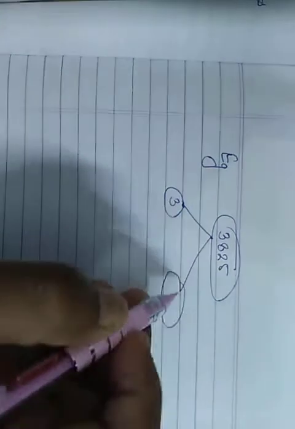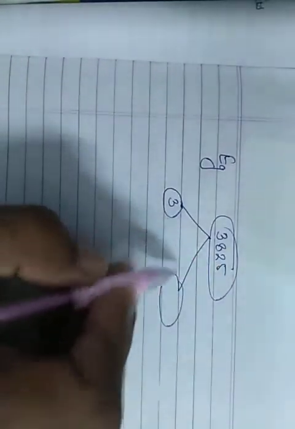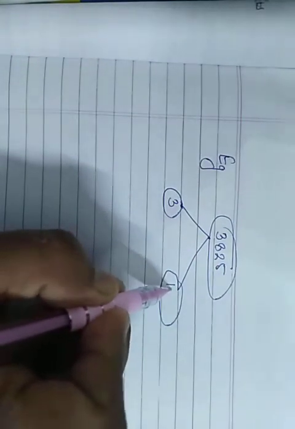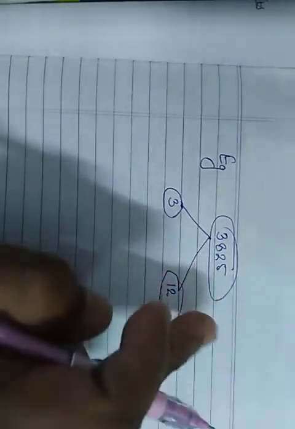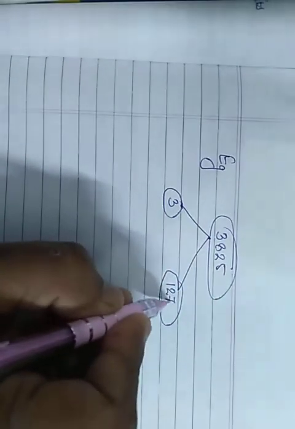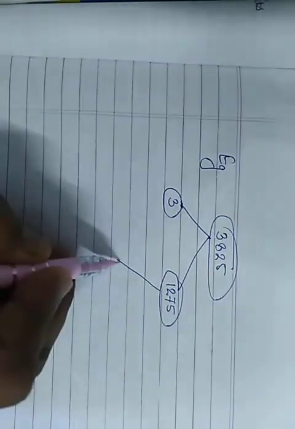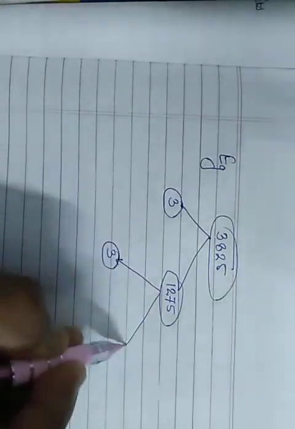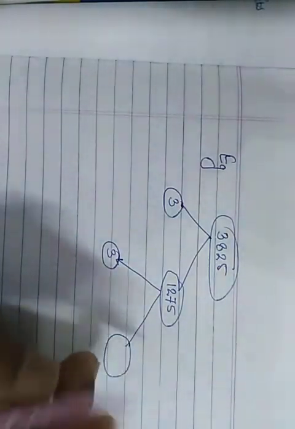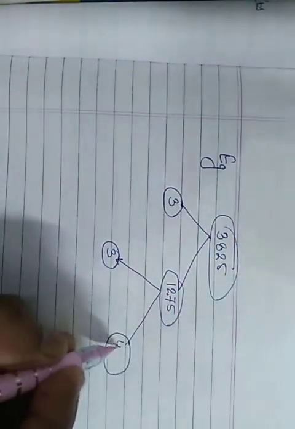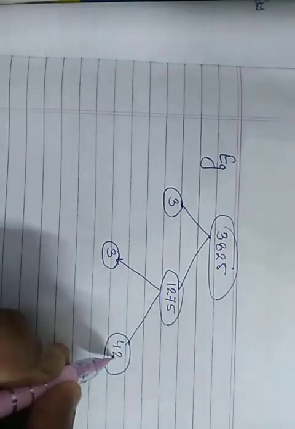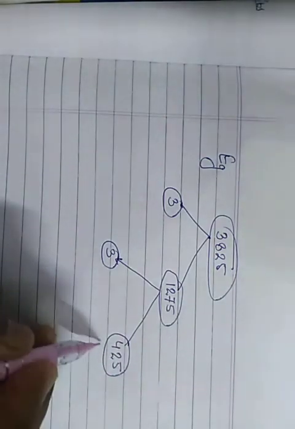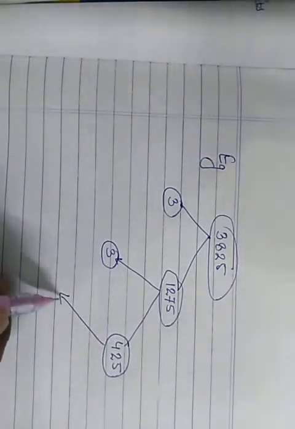And directly I will do, if I divide, 3 1s are 3, 3 2s are 6, 7 and 5. Yes, 1275. I will try with 3 again. So 3 4s are 12, 2 is 6 and 3 5s are 15. 425. For 425 again I will do.